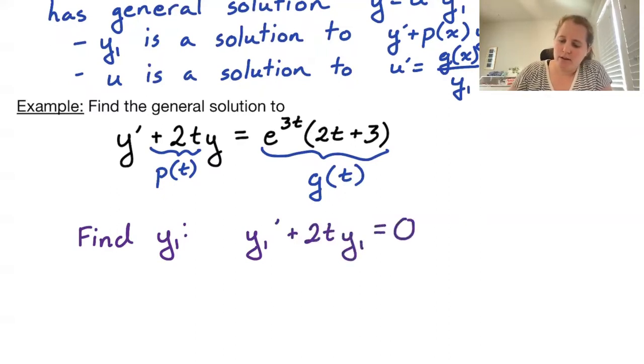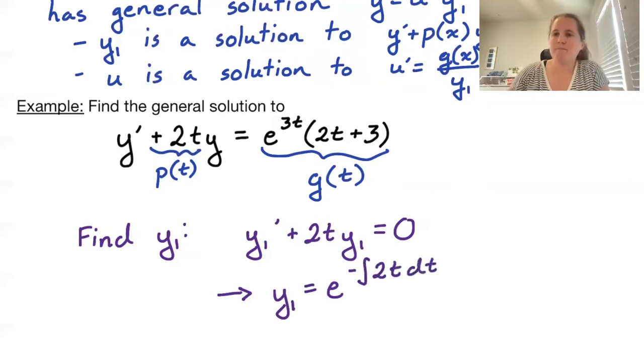And recall that this had the final solution, y1 is equal to e to the negative integral of 2t dt. Again, that came from rearranging the formula to y1 prime over y1 is equal to negative 2t. Integrating both sides, you would have natural log of the absolute value of y1 is equal to the negative integral of 2t.